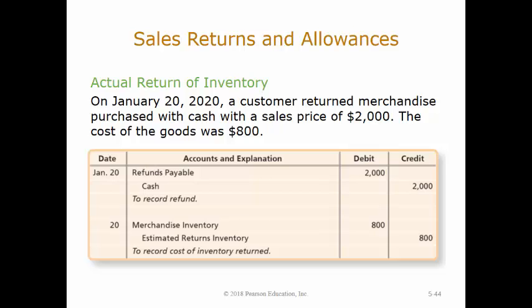The cost of the goods was $800. In recording the entry, Smart Touch Learning decreases the payable associated with the amount of estimated refunds. In addition, the merchandise inventory account has increased because the company received the returned inventory. To offset this, the estimated returns inventory account decreases.